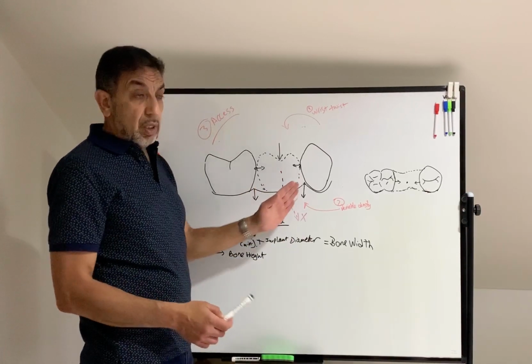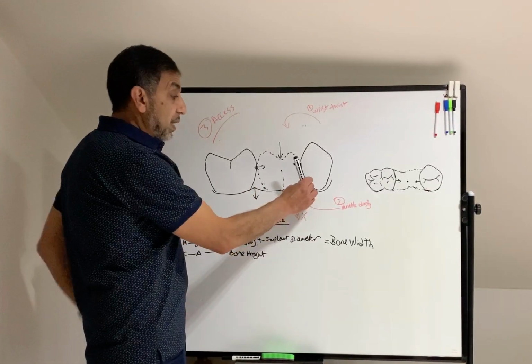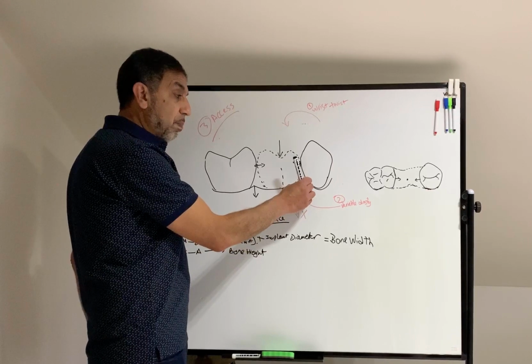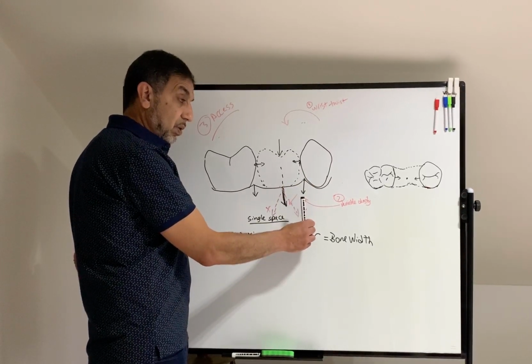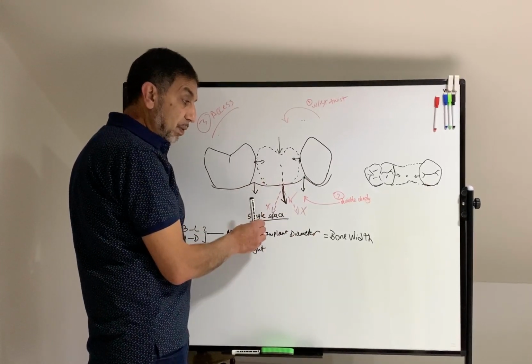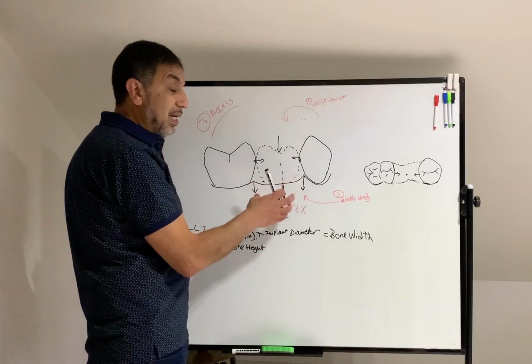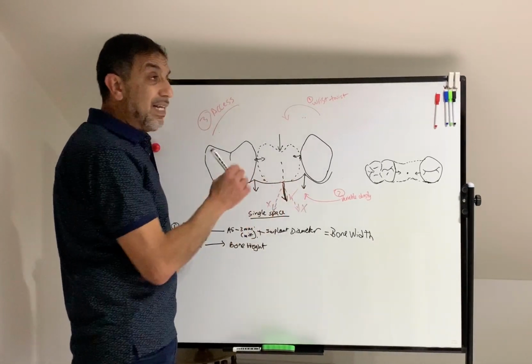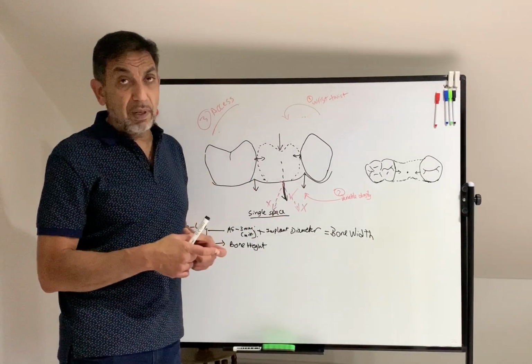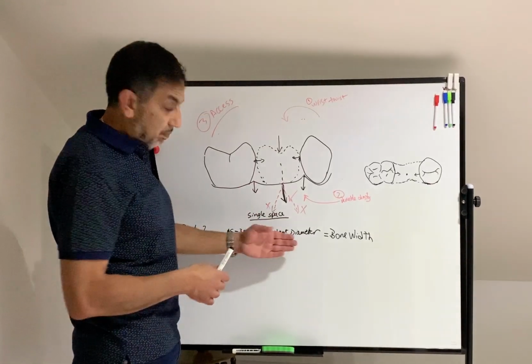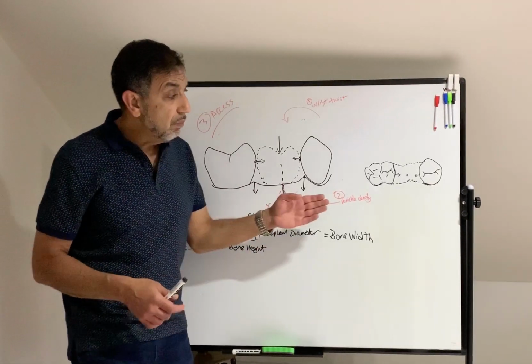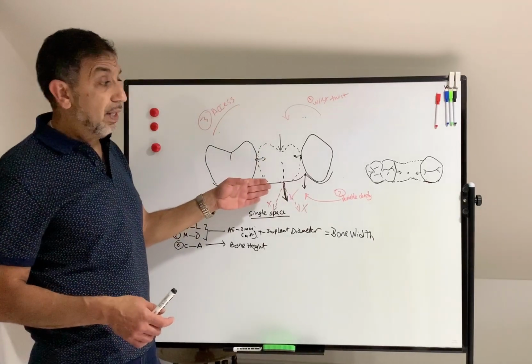So if you have enough bone, about 1.5 millimeters, and there's 1.5 millimeters on the other side, i.e. 3 millimeters in addition to the diameter of the implant itself, then you're safe. So then you can actually place the implant there.